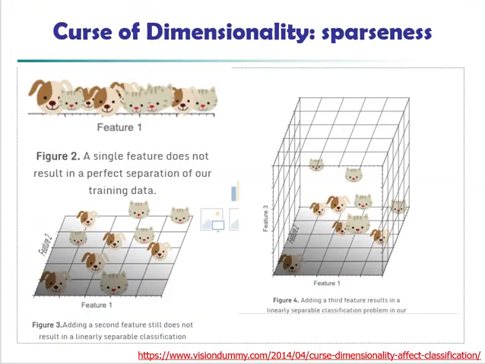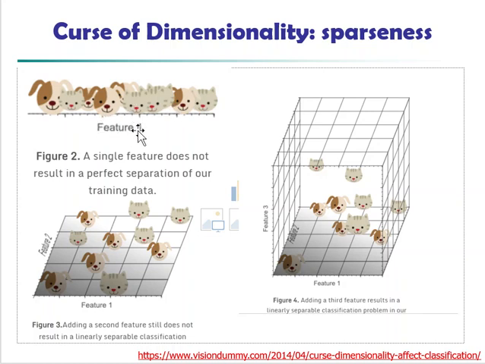So I want to use an example first to illustrate the curse of dimensionality. In this conceptual example, we have cats and dogs, and we want to separate cats from dogs. Obviously, we don't know their species names. So we can start with one feature, for example the weight of an animal. Using one feature, we can imagine that we have heavy and light dogs and heavy and light cats.